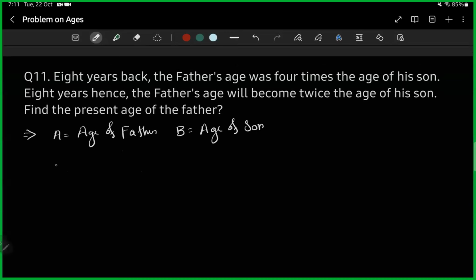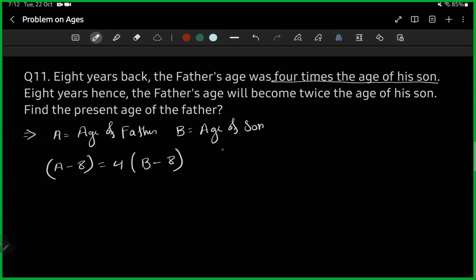So the first condition is that this equals 4 times the age of his son, but that was 8 years ago. This becomes our first line.